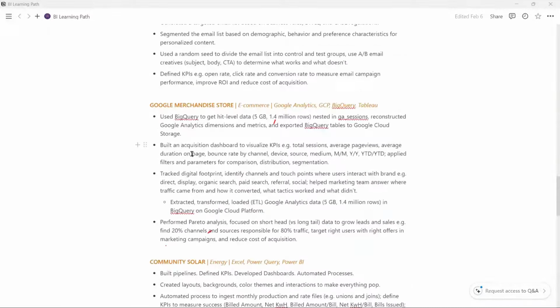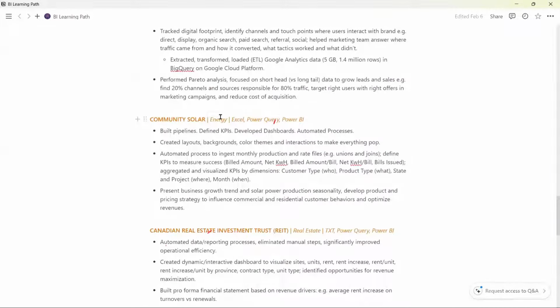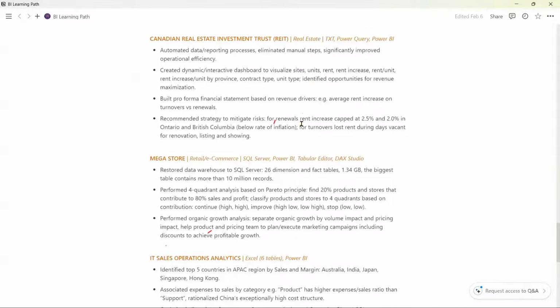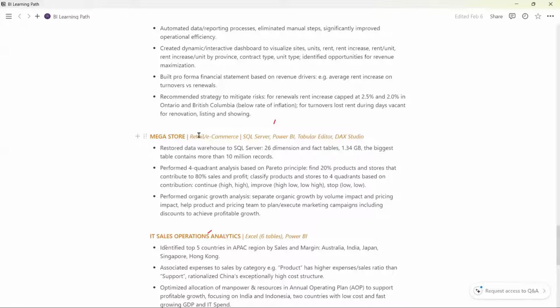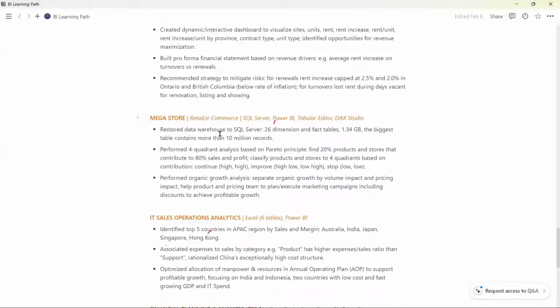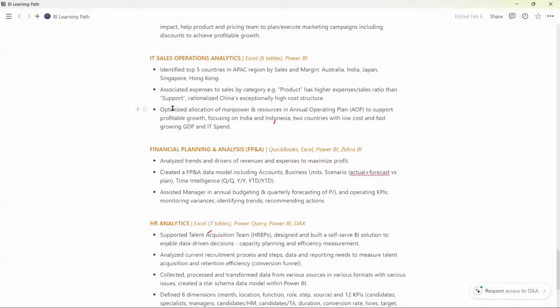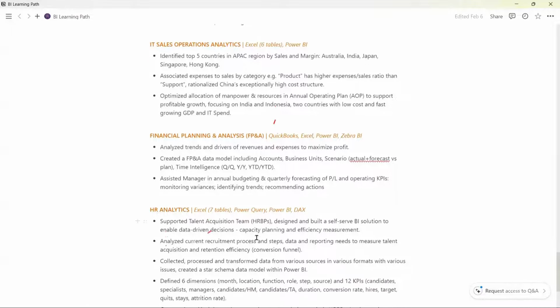Let's just go through a few use cases. This is e-commerce. This is energy. This is real estate. This is retail and e-commerce again. And this is IT, technology. And this is finance, financial planning and analysis.